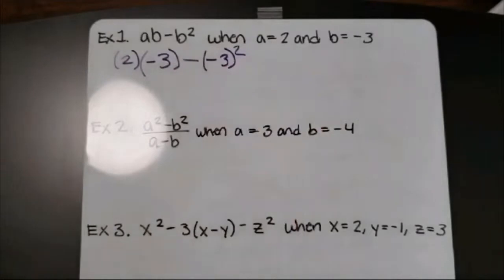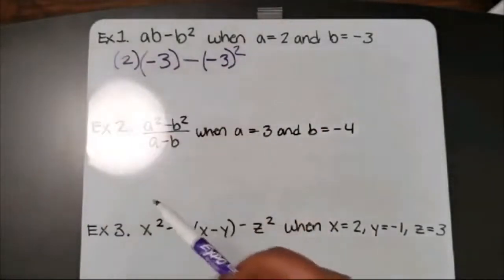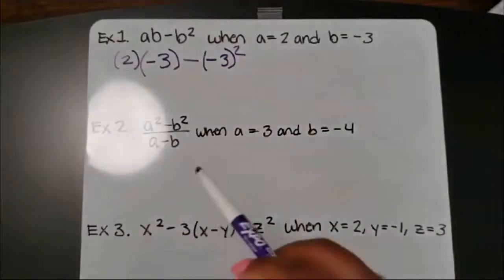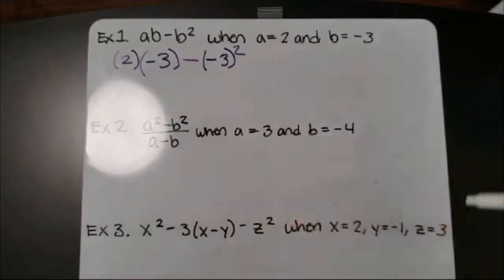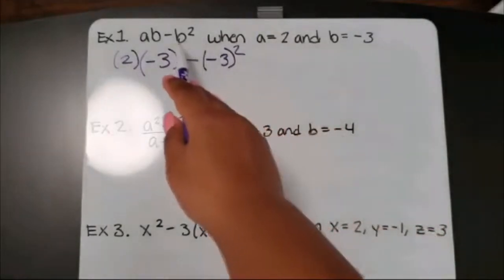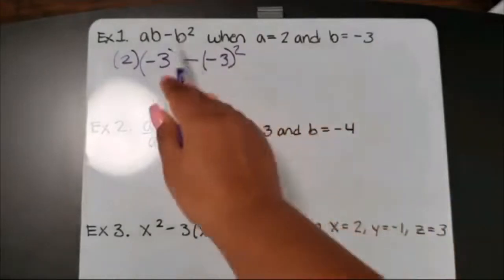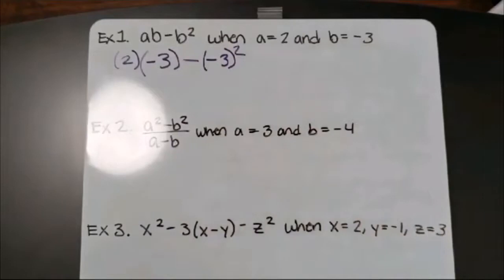And then it's squared. So in the original equation, everywhere you see the letter A or that variable, we're going to replace it with a 2 and put it in parentheses. For B, everywhere you see the B, you want to plug in that -3.